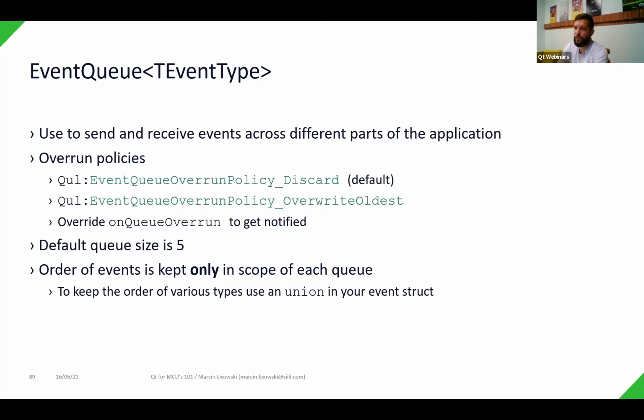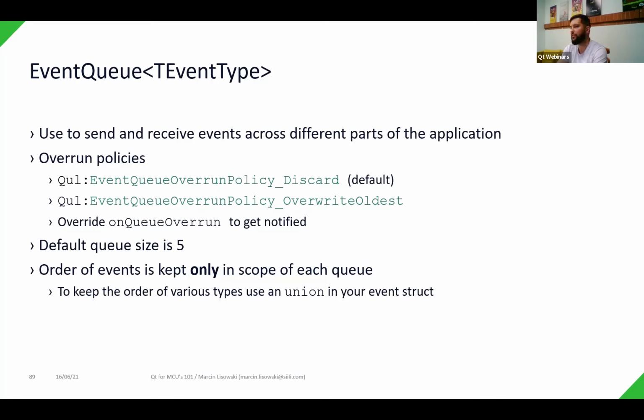You can also override a convenience method on queue overrun to see if your queue is too small, and maybe you could extend its size. The default size is 5, so 5 events can wait between the frames to be delivered. And that's a super important thing: the order of the events is kept only in the scope of one event queue.